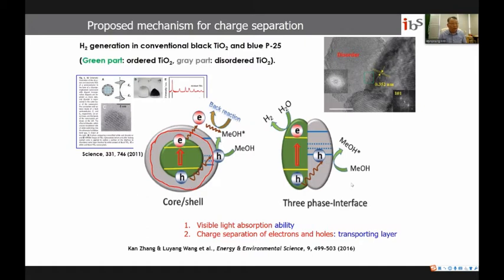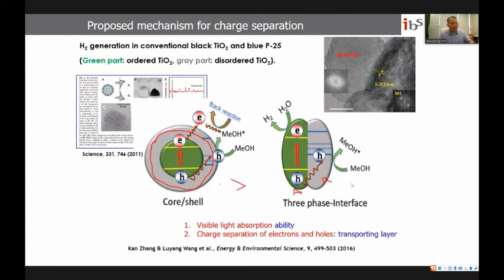So in our case, we have two different phases. This is the rutile phase, black. This is the unchanged crystalline anatase phase. So what happened here is that the visible light absorption is higher.